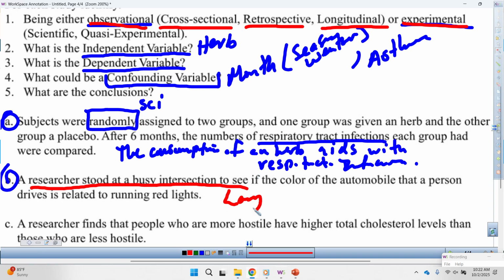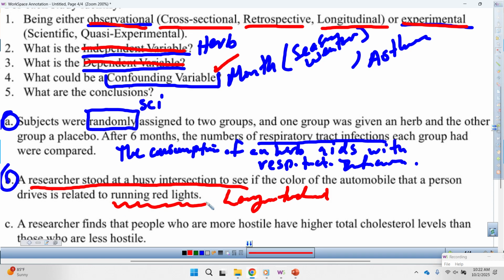Yeah, longitudinal. That is correct. Because they need to go through the experience. Now, for this one, since you cannot manipulate it, look up, please. We can't answer independent variable or dependent variable. However, we could think of a confounding variable. What could affect someone running red lights?